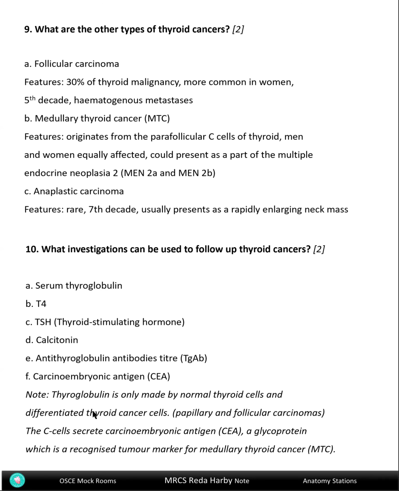Thyroglobulin is only made by the normal thyroid cells or the well-differentiated thyroid cancer cells in papillary and follicular thyroid cancer. The parafollicular C cells secrete carcinoembryonic antigen, which is a glycoprotein and is recognized as a tumor marker for medullary thyroid cancer.